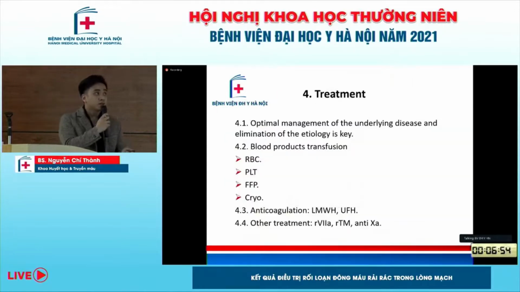Treatment of DIC: the optimal management of the underlying disease and elimination of etiology is the key point, and other treatments are product transfusion and anticoagulation.